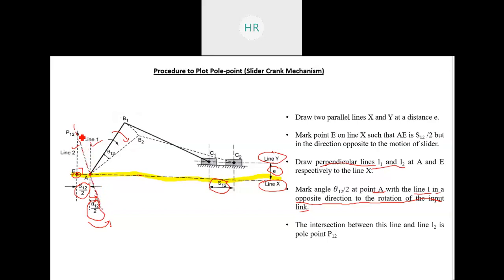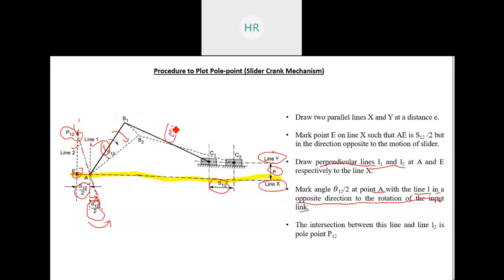So at the intersection of this vertical line passing through E and this line at an angle theta 12 by 2 we will get point P12, or you can say the pole point of link 2 with respect to link 1.